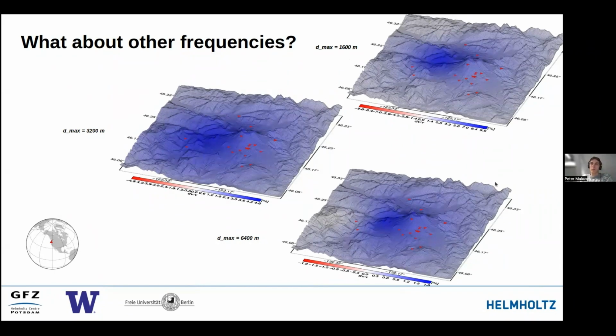And they all seem to agree. So there's not a huge difference between all of these. The main difference that I see is, for one, the amplitudes, which are higher at higher frequencies. Probably makes sense because we mostly will see more changes in non-compacted soil than we would see in the bedrock.